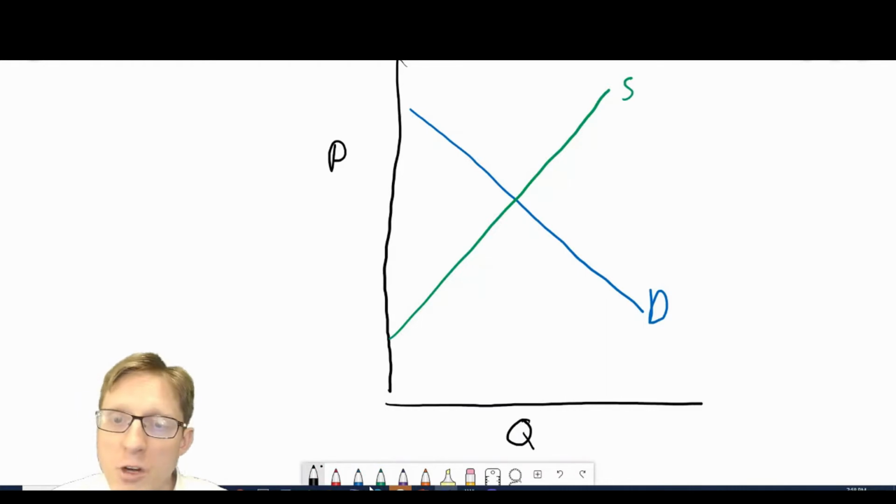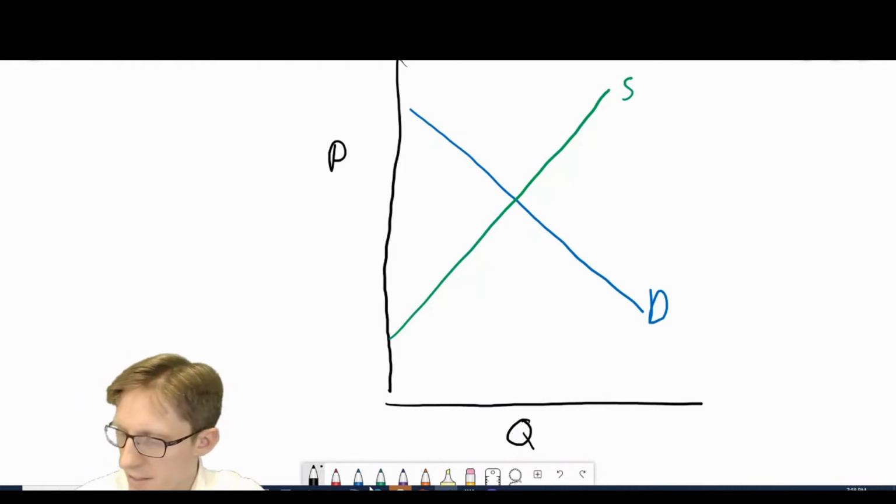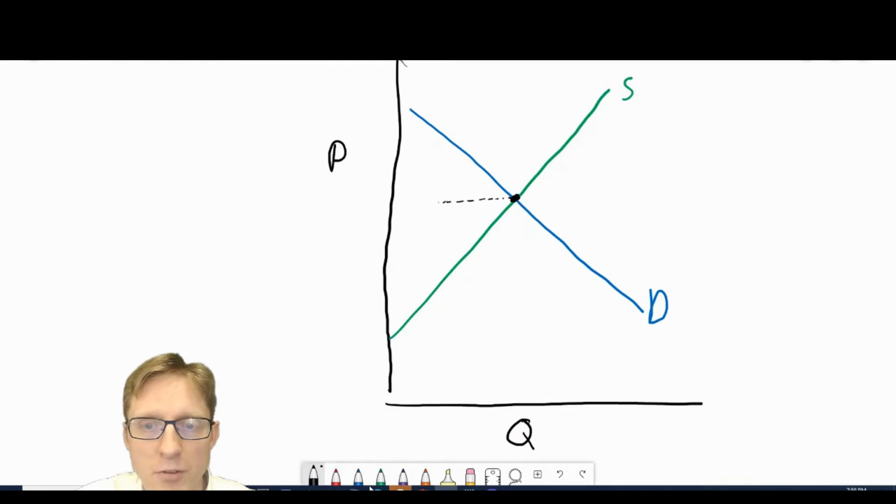And without any sort of intervention in this market, the equilibrium is given by the intersection of the inverse demand and inverse supply curve. So we can trace that over to the vertical axis, and that gives us the price in equilibrium without any government intervention.